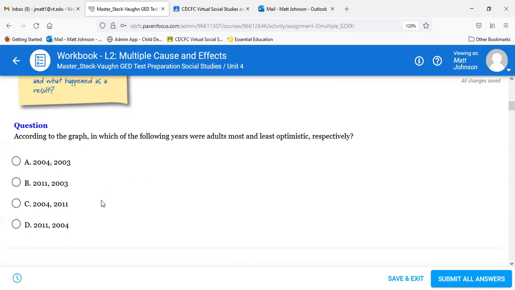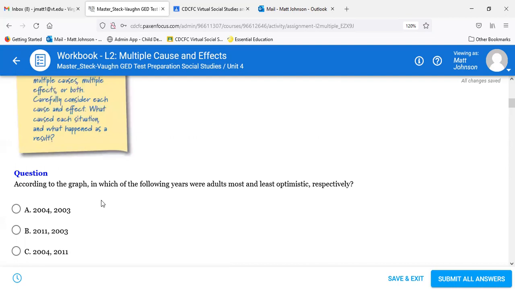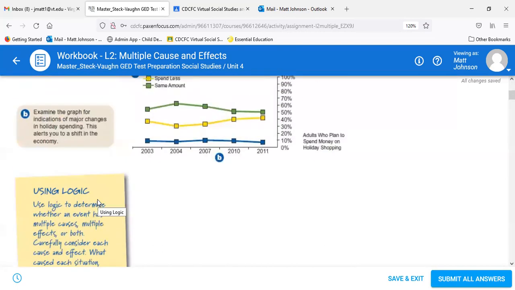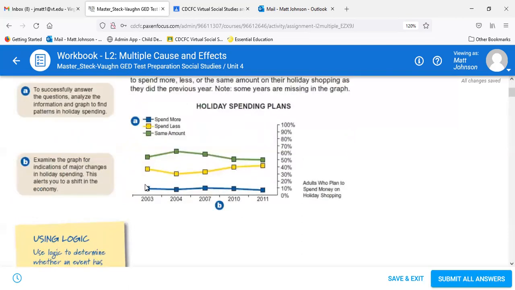So we'll look at the graph here. Okay, so respectively means most and least, respectively. So which year do we see on the graph, do you think, that people were most optimistic about the economy?